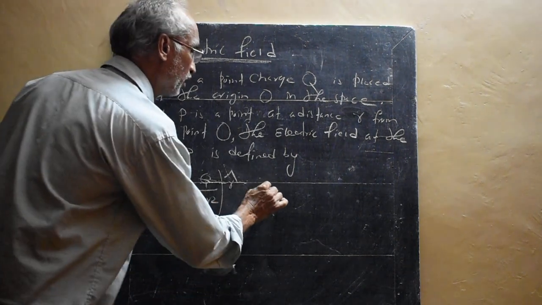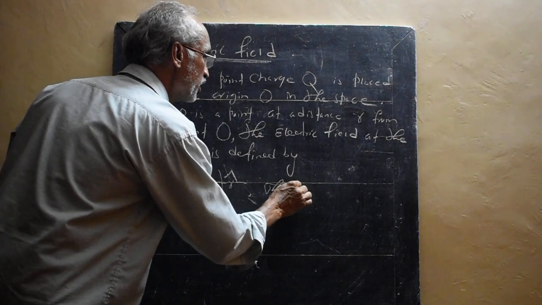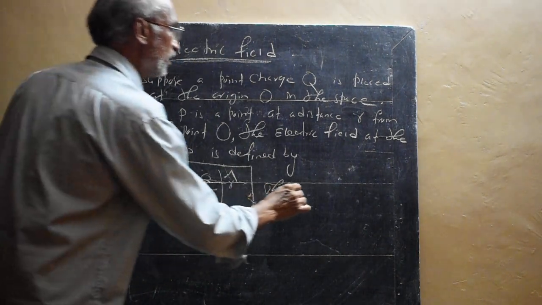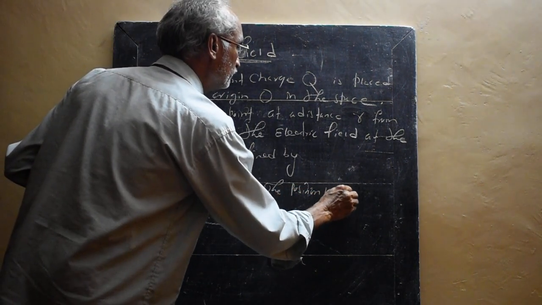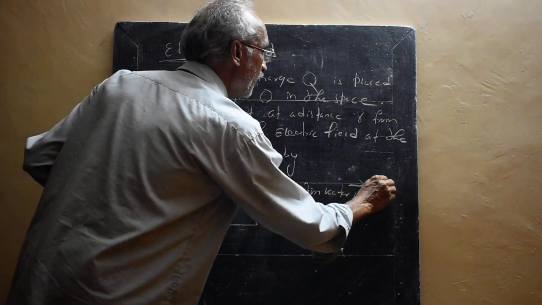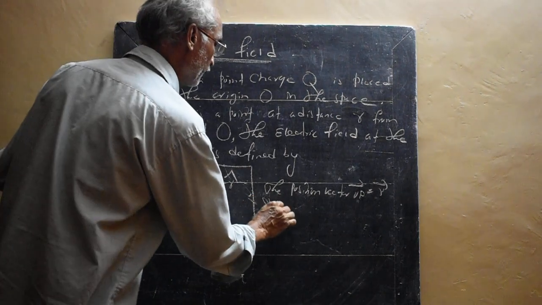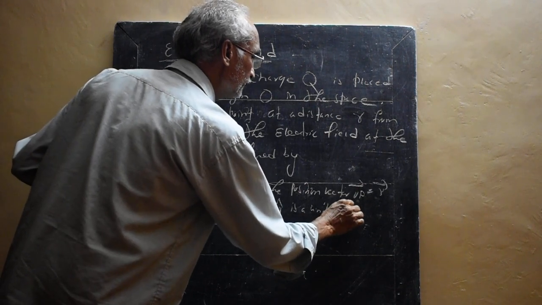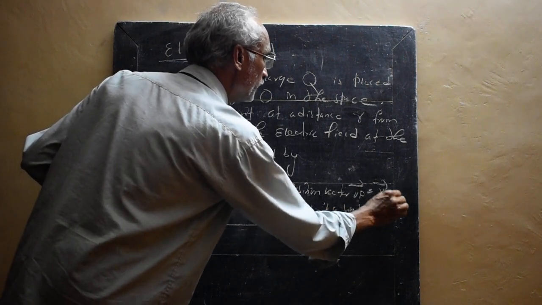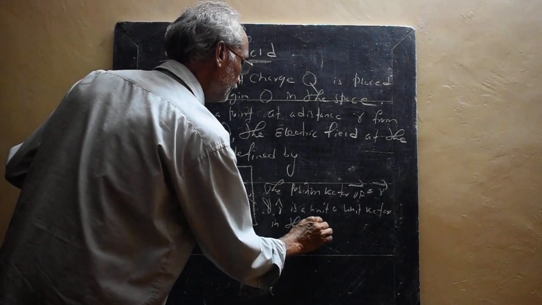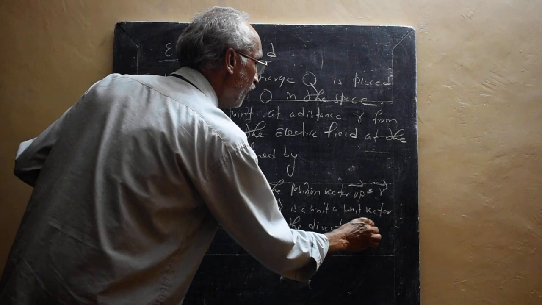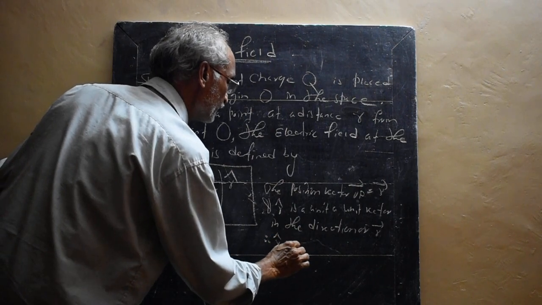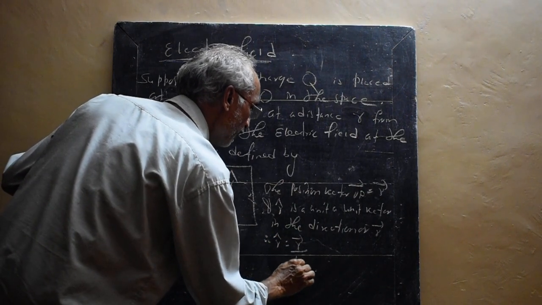The vector OP bar, the position vector, OP bar is equal to R bar, and R cap is a unit vector in the direction of R bar. Therefore, R cap is equal to R bar divided by magnitude of R bar.